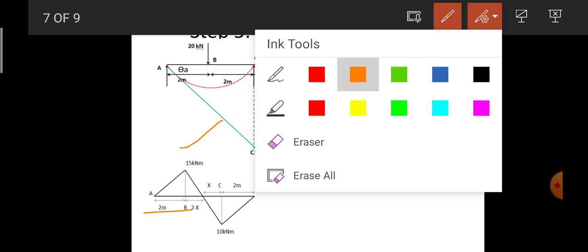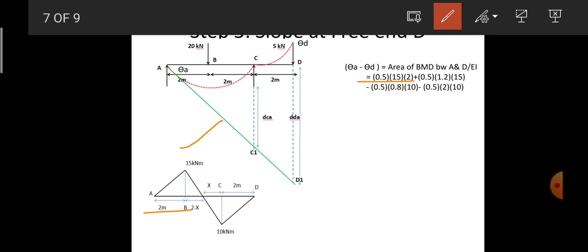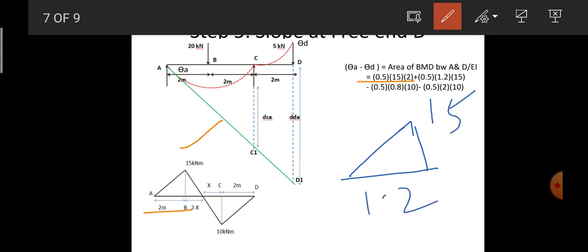Next, coming on to the next triangle with 15 and 2 minus 6, which is 1.2, and this is 15. So half into 2 minus 6 into 15. Next triangle has X as a base and height as 10 kilonewton.